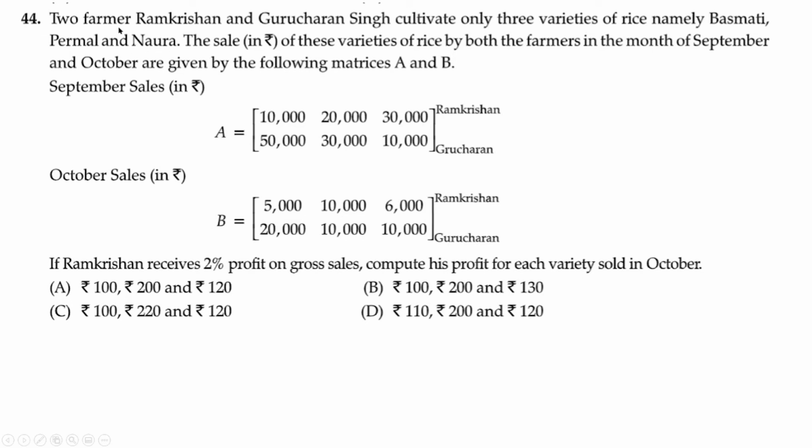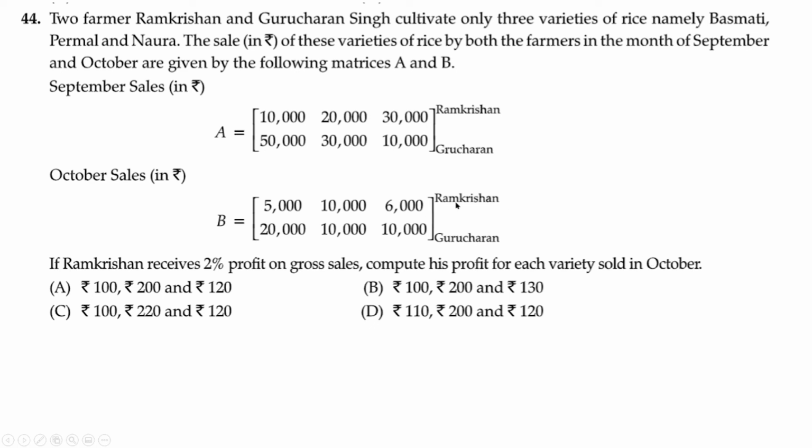Next question: two farmers, Ramakrishnan and Gurucharan Singh, cultivate only 3 varieties of rice, namely Basmati, Permal and Nara. The sale in rupees of these varieties of rice by both the farmers in the months of September and October are given in the following matrices: September sales, October sales. If Ramakrishnan receives 2% profit on gross sales, compute his profit for each variety sold in October.